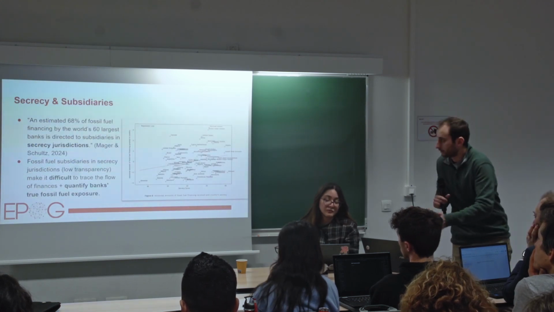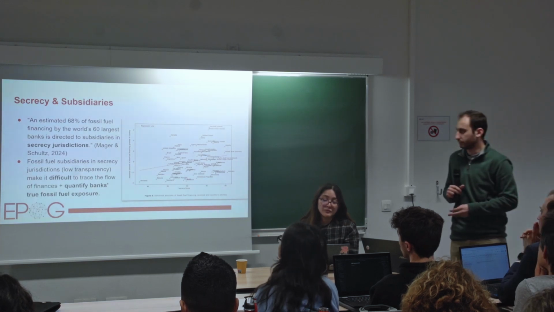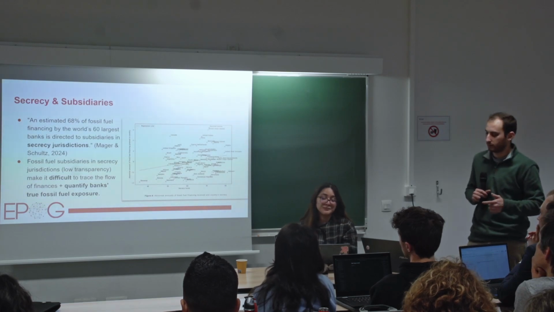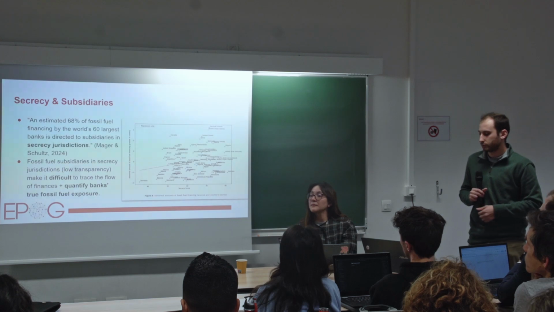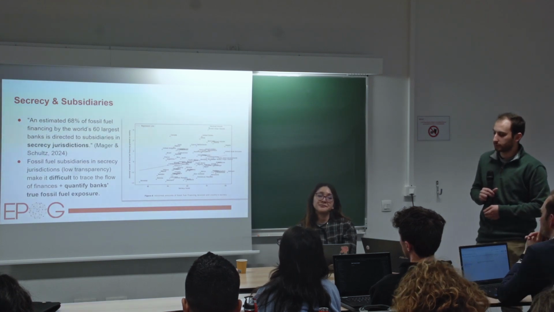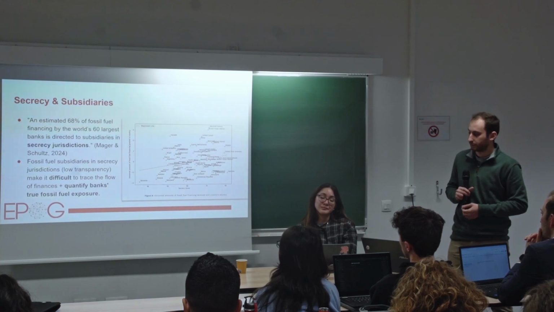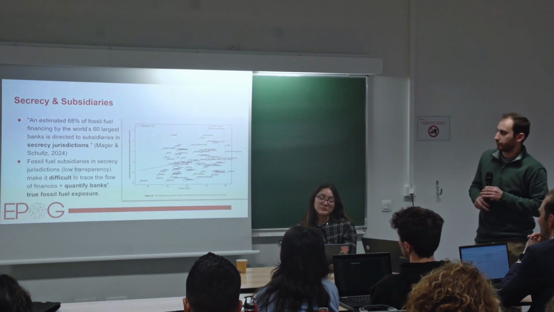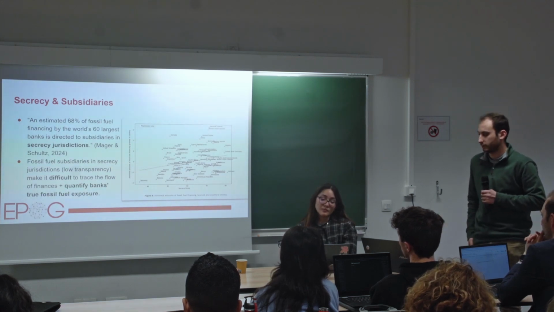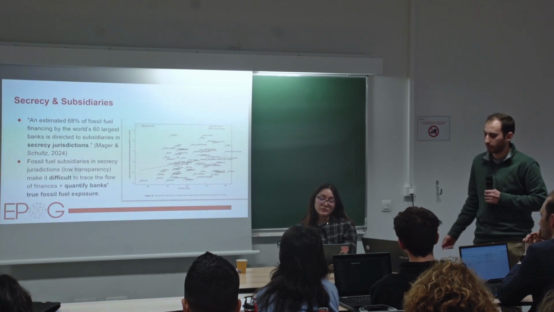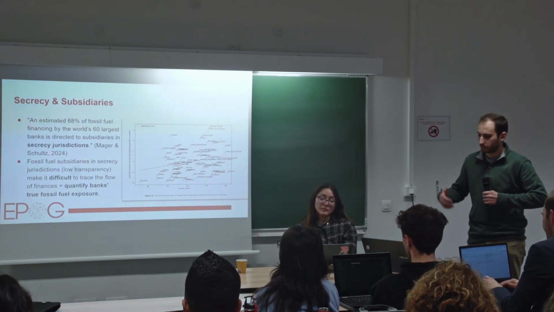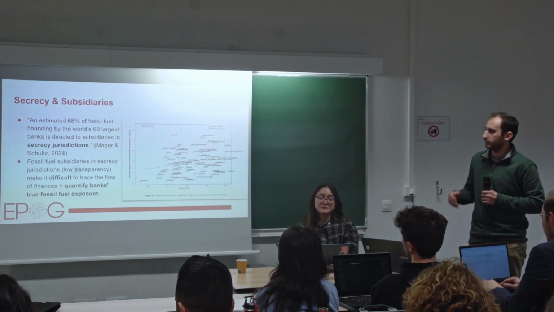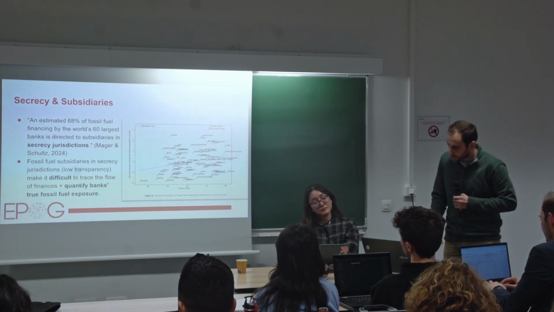Going to the first critique that we found, it is about secrecy and subsidiaries. What we mean by secrecy is secrecy jurisdictions, which are countries or territories that enable individuals or firms to hide their finances from the laws and regulations of other countries. The main characteristic of a secrecy jurisdiction is a regulatory framework that allows secrecy about critical details, so companies can hide critical information, like true owners.